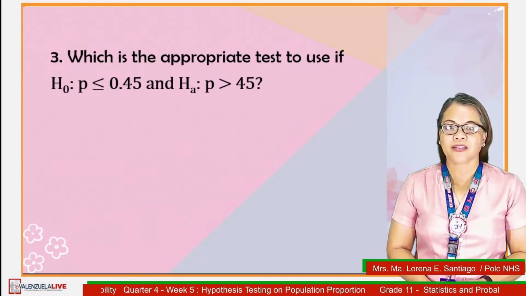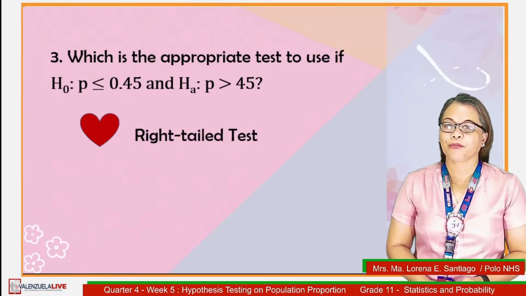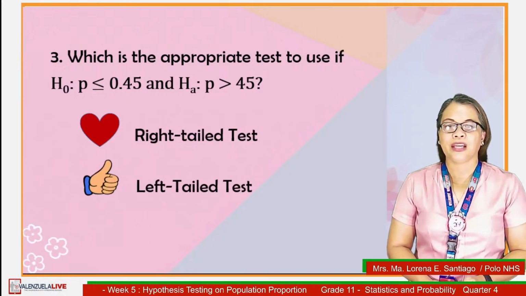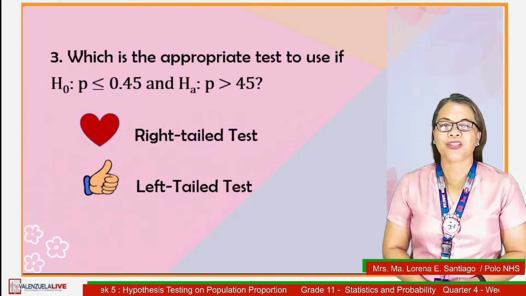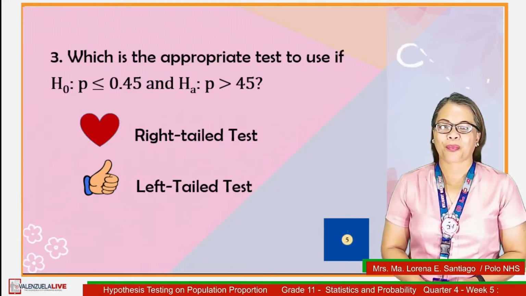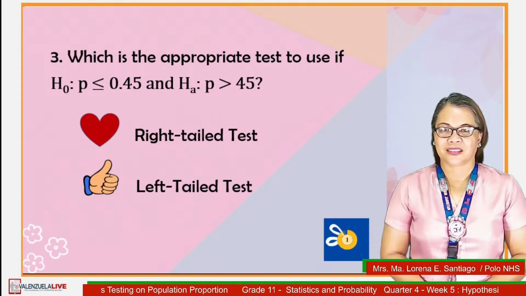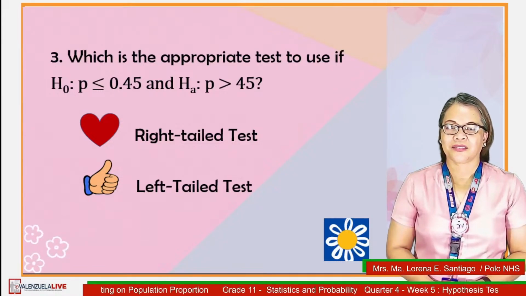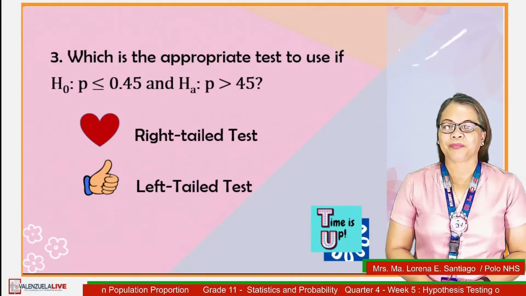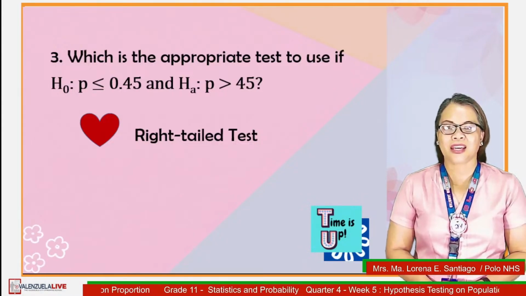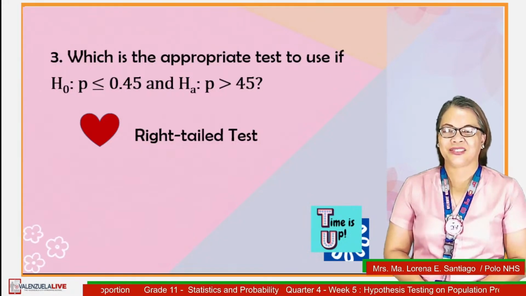Is it a heart, which is for the right tail test, or a like for the left tail test? Timer starts now. Time's up. The answer is yes, it's the right tail test.